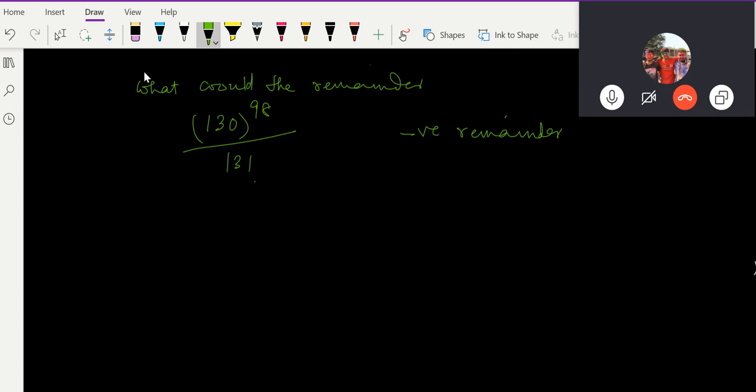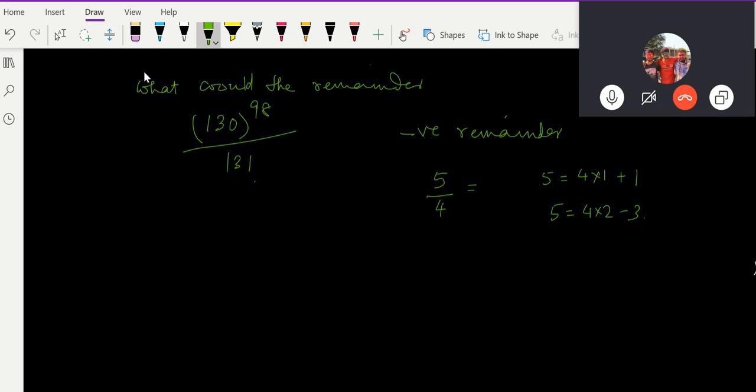So we can write any number, for example, 5 divided by 4 can be written as 5 is equal to 4 into 1 plus 1, or I can write 5 is equal to 4 into 2 minus 3, right?